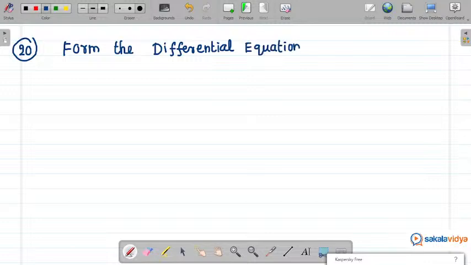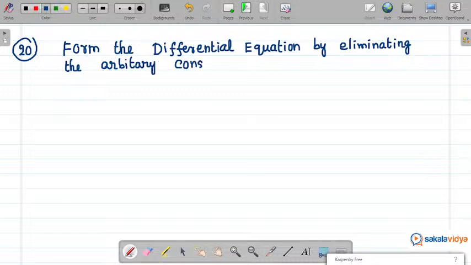Form the differential equation by eliminating the arbitrary constant from secant y plus secant x is equal to c plus x square by 2.